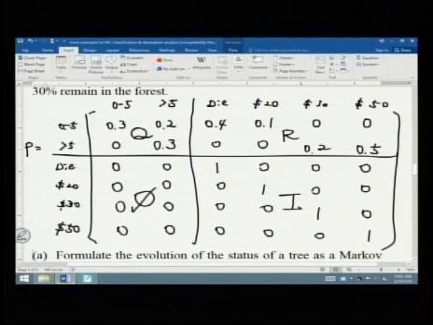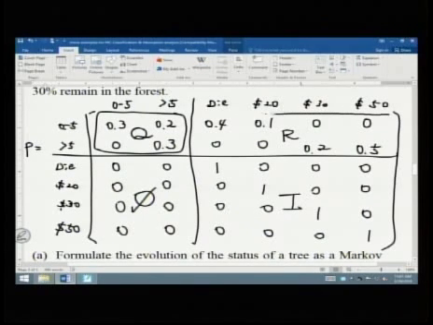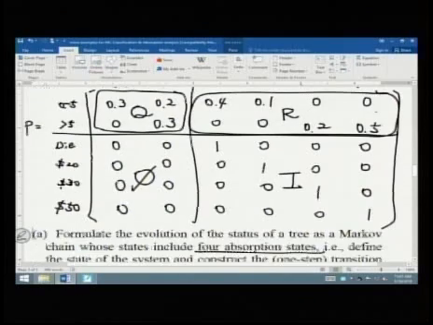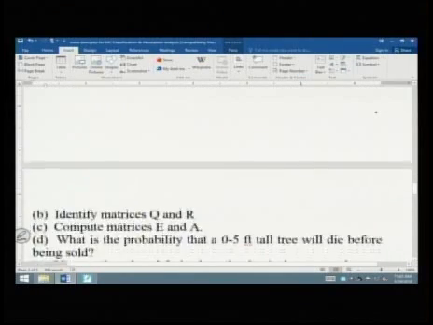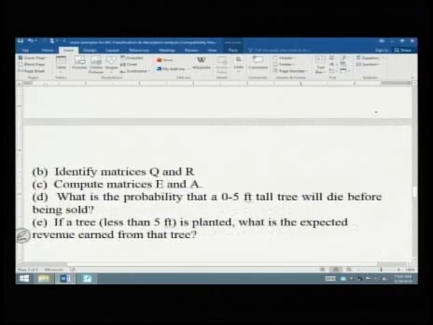So we already identified the Q matrix, which is 2 by 2, and the R matrix, which is 2 by 4. So we already did part A and part B. Now we need to compute matrices E and A. So let me give you some time. Please do this.